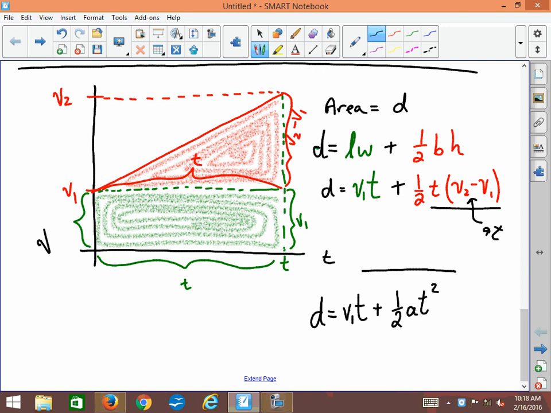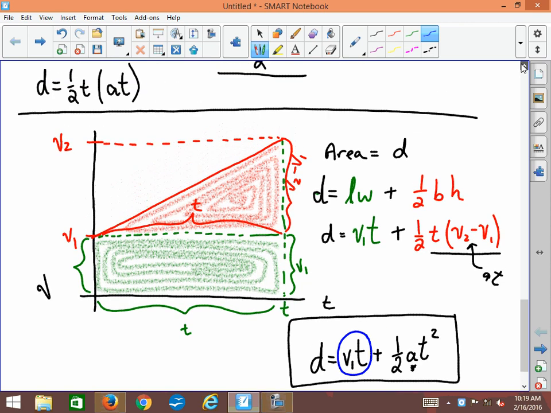And this is a very useful and important equation that we will keep, because it tells us how to determine the displacement of something if it happens to be accelerating. It's got A involved, if its speed is not staying the same. And of course, if the initial speed is 0, well then this term here would be 0 times t, and it would become 0, and then it would look just like the one that we had done up above.